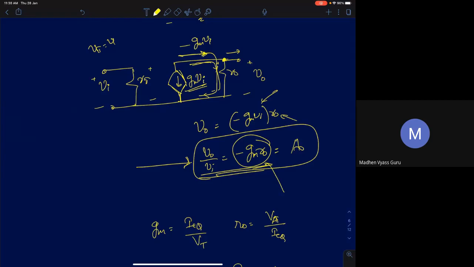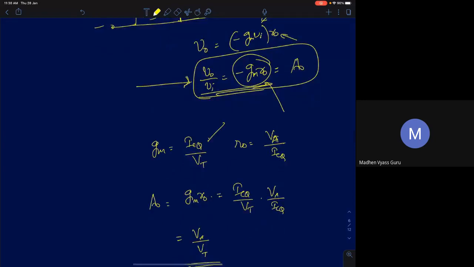So you get this. Now let's compute what this gm r0 product depends upon. We know gm is the quiescent collector current upon VT, where VT is the thermal voltage, and r0 is the Early voltage VA upon ICQ, the quiescent collector current. Then the intrinsic gain is the product of gm into r0, which is ICQ by VT into VA by ICQ.